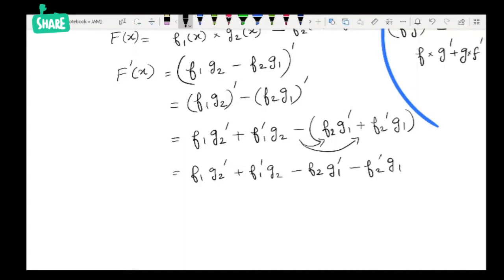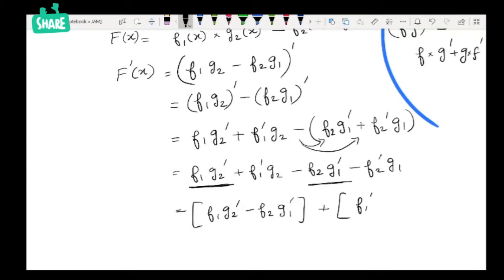Great. So we have found F dash of x, so let's try to write it in a determinant form, because all the choices are given in that form only. I'm gonna combine two elements, the first and the third one first, and it will become f1 g2 dash minus f2 g1 dash plus the other two elements f1 dash g2 minus f2 dash g1.